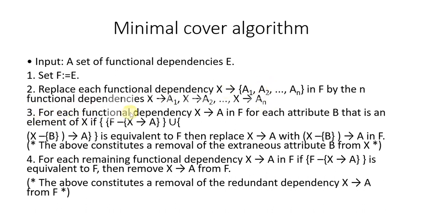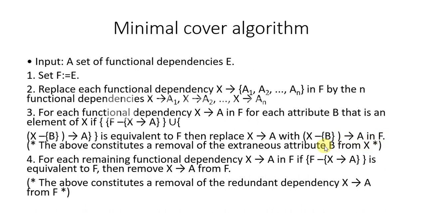Okay, so this is nothing but we are removing the extraneous attribute B from X. Here we have X to A and we are trying to find out each attribute B which is extraneous. And if it is extraneous, we'll remove that and add that particular dependency to the set.